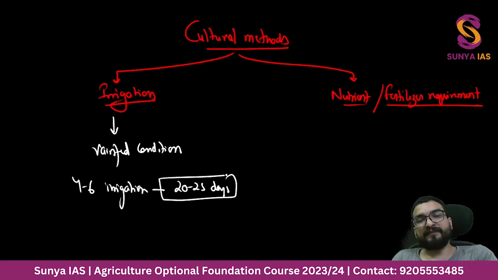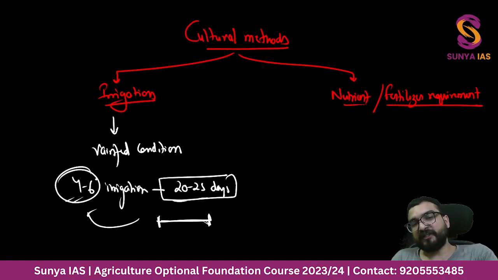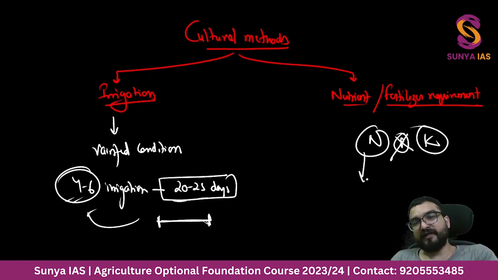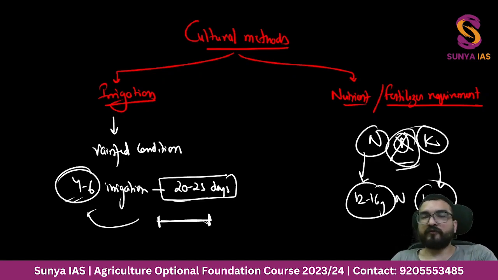Means at intervals of 20-25 days you need to do the irrigation, and 4 to 6 irrigations are required. Over here N and K is added, not phosphorus, guys, right? So N requirement is 12 to 16 gram nitrogen only, and potassium 12 gram. No response to phosphorus was observed in this particular pineapple cultivation.